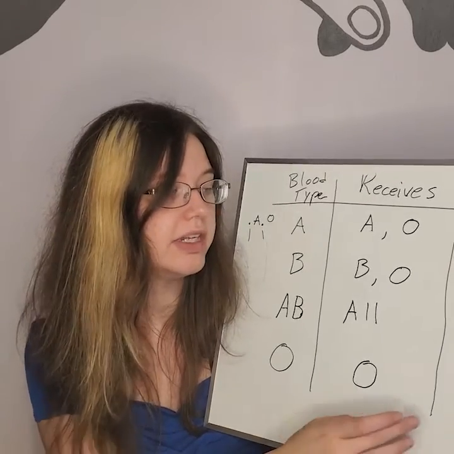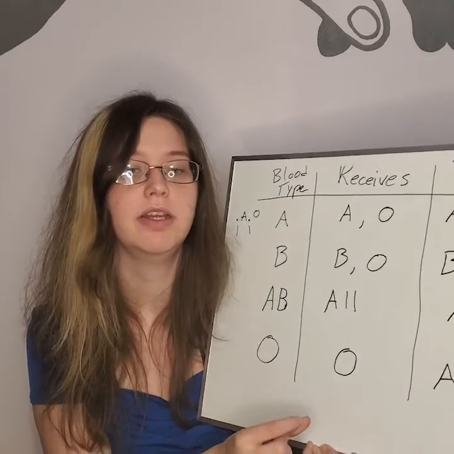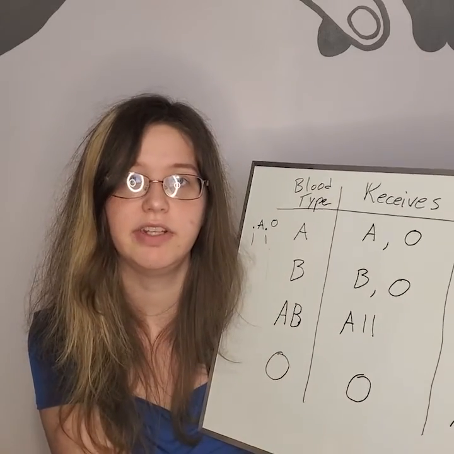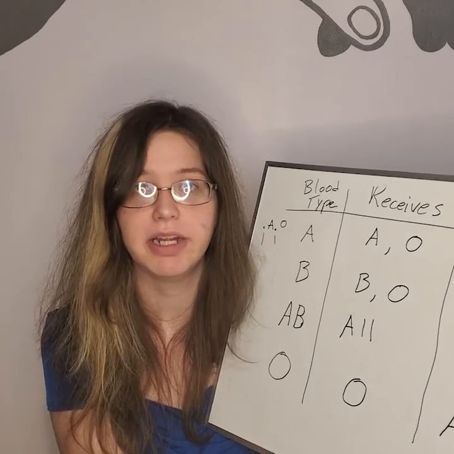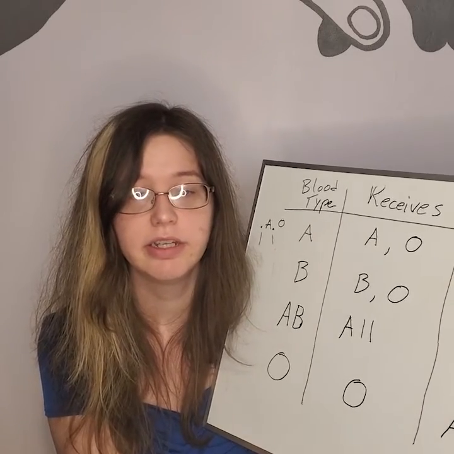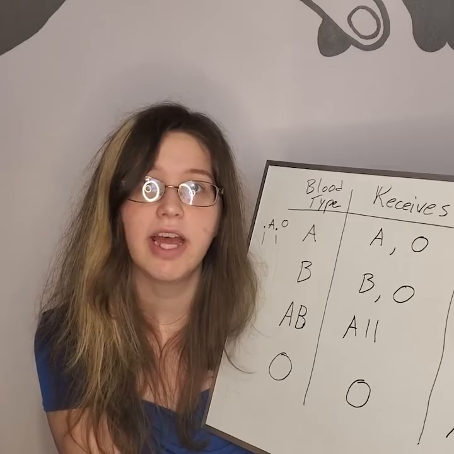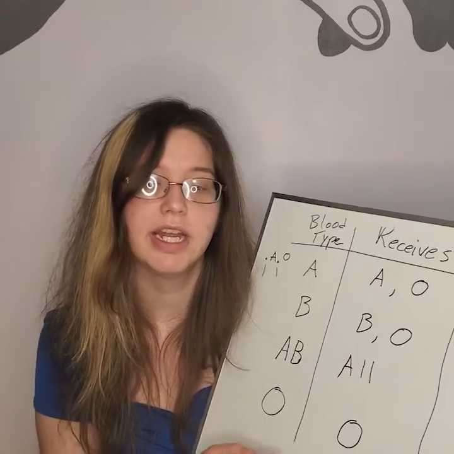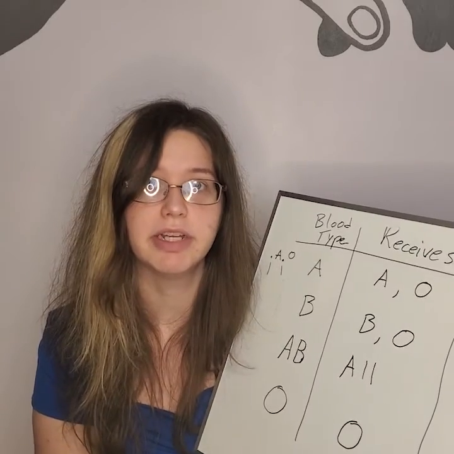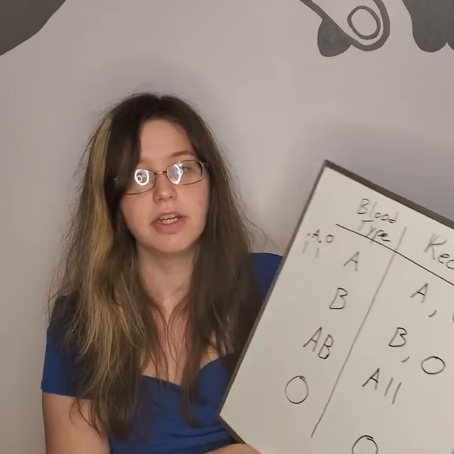And it can donate to all. So, because it has nothing on the surface of its cells, it can go to whatever, and there's no antibodies against it. But it does have antibodies against A and B, so it can't receive any of the other blood types. And that's sort of how that works out. If you have multiple alleles, things can get kind of complicated to explain.